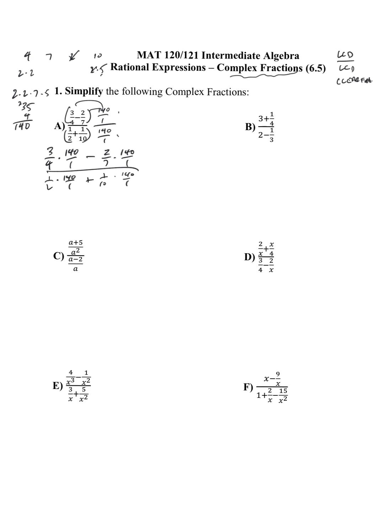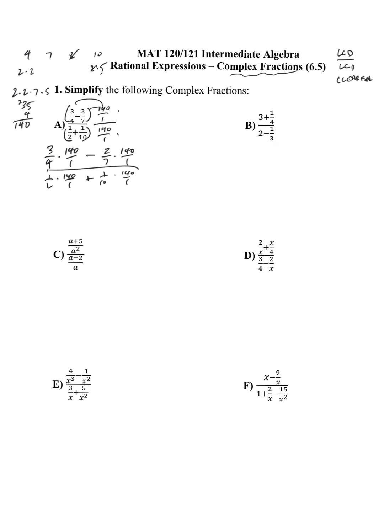Going through and doing all these, the top left looks a little hard. 4 goes into 140 35 times. So 35 times 3, I believe that's 105.